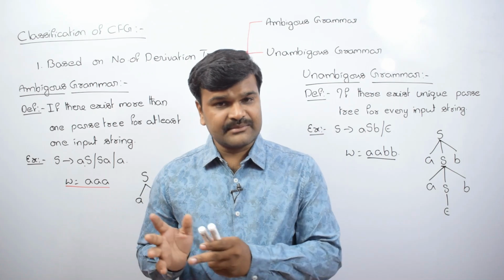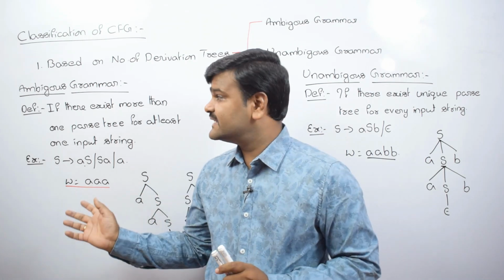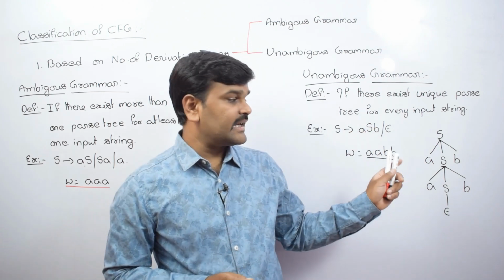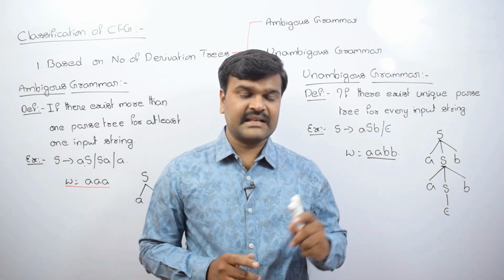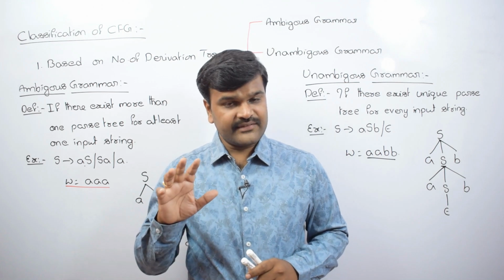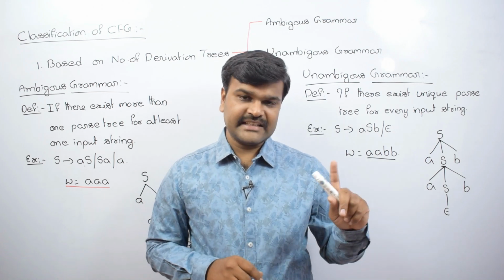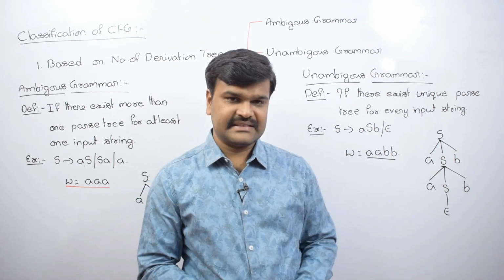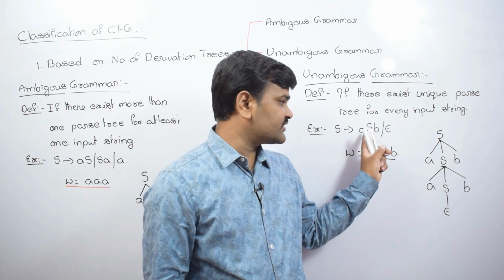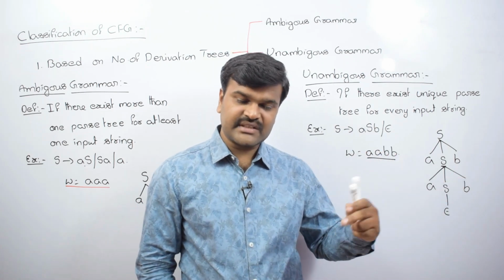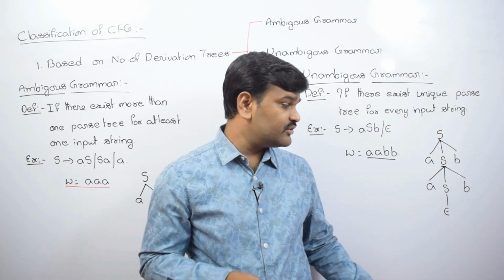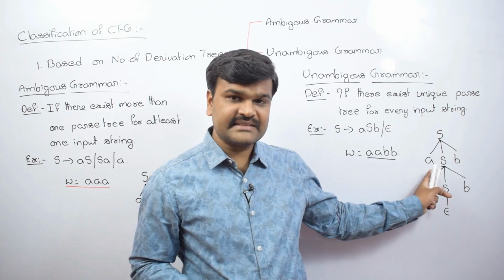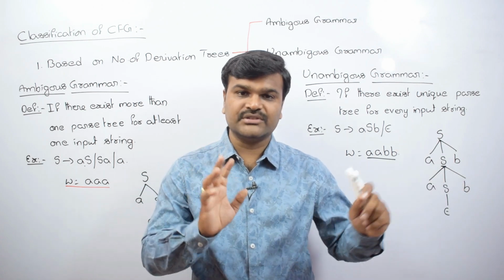Now let us see some rules based on ambiguous and unambiguous grammars. In case of unambiguous grammars, both leftmost derivation and rightmost derivation give the same tree. Whether you follow leftmost derivation or rightmost derivation, it always gives the same structured tree, with the same terminals and non-terminals in the exact positions.